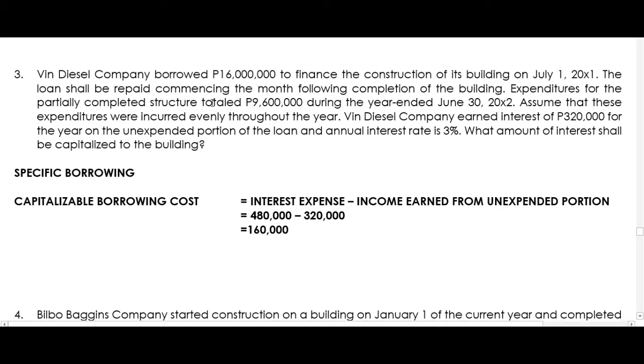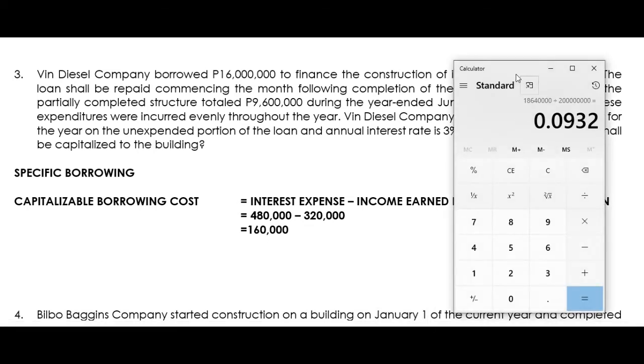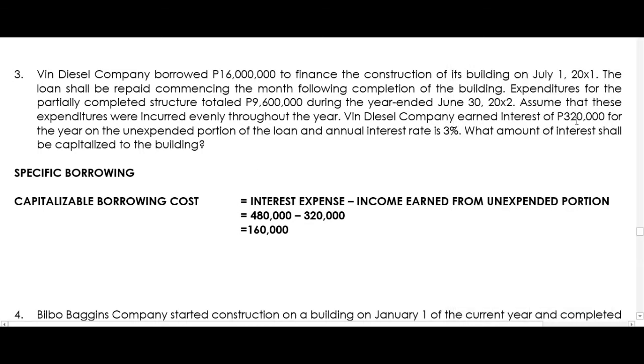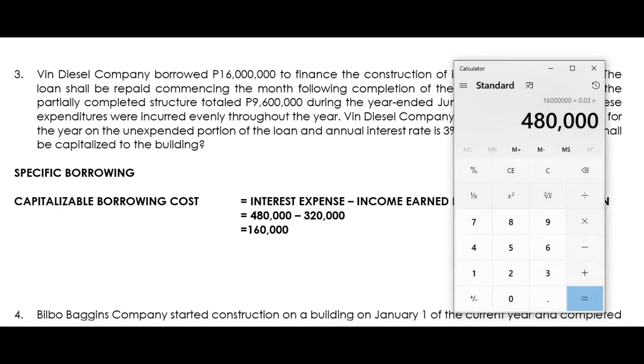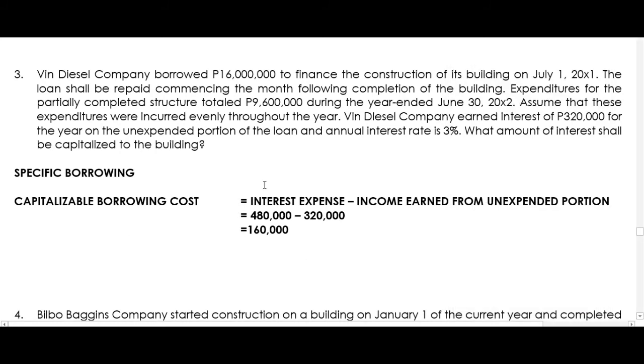Take note, specific borrowing siya, so hindi ka kukuha ng weighted average expenditure. Ang kukunin mo yung mismong utang. So 16 million yung mismong borrowing natin, multiply natin ng 3%, so that's 480. Okay? Pagkatapos, ang na-earn mo daw dun sa hindi pa nagagamit na portion is 320. So, bawasan mo siya ng 320. So, that's 160. Okay? So, 160 sagot mo sa number 3.